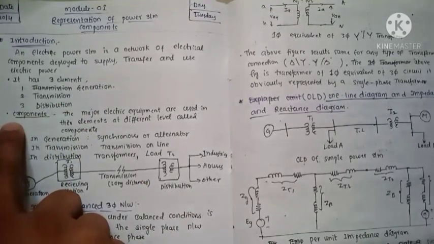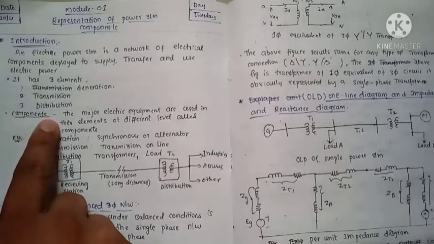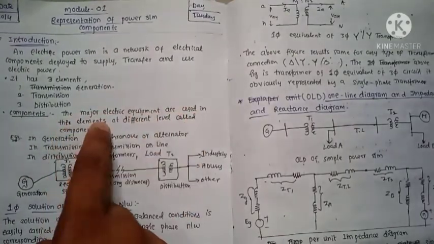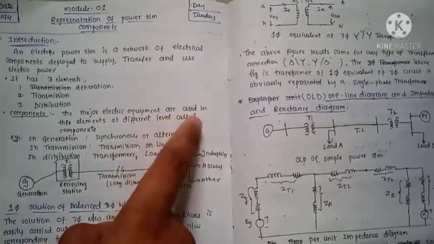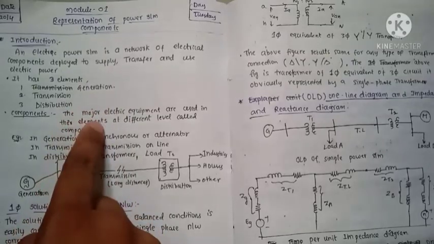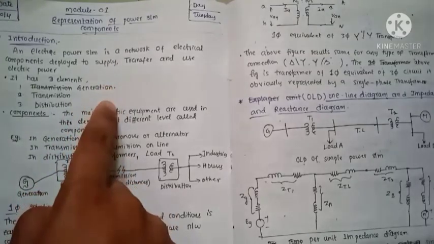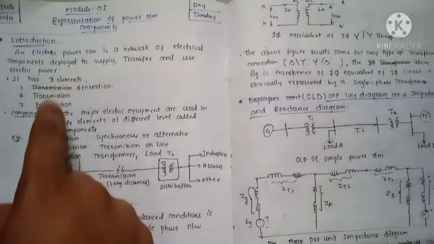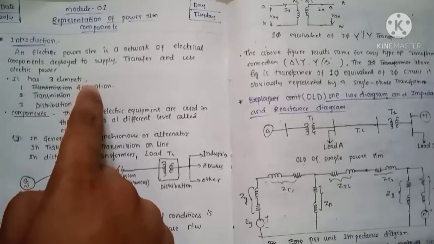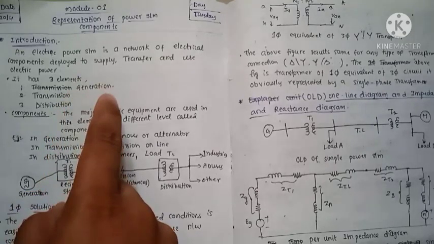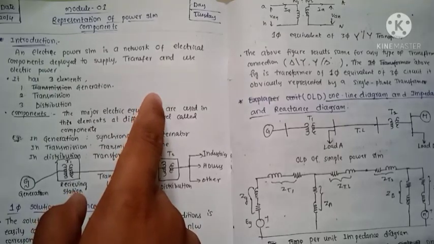Third point, components. The major electrical equipment used in the elements at a different level are called components. It means that for these three elements, generation, transmission, distribution, we use major devices to transfer the power from generation, transmission to the distributors.